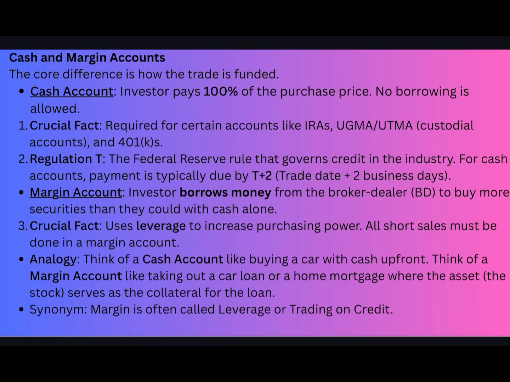Now, as there are upsides to margin accounts, there are also downsides. A couple of downsides: in addition to trading costs, the investor pays interest on the amount borrowed. And leverage will increase the rate of loss if the security price moves against the investor.